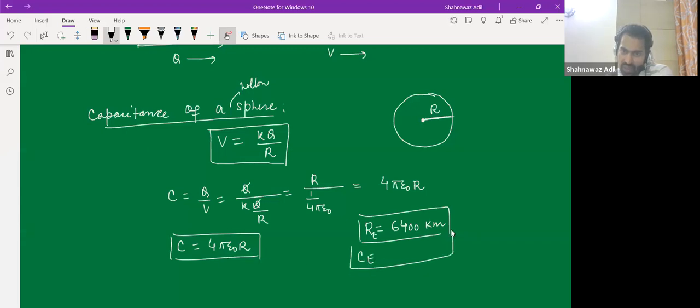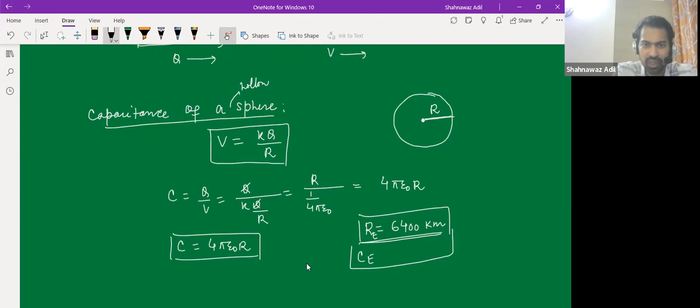Calculate and check what you get. You can see how much charge our earth can hold. Okay, so noted up to this point, guys.